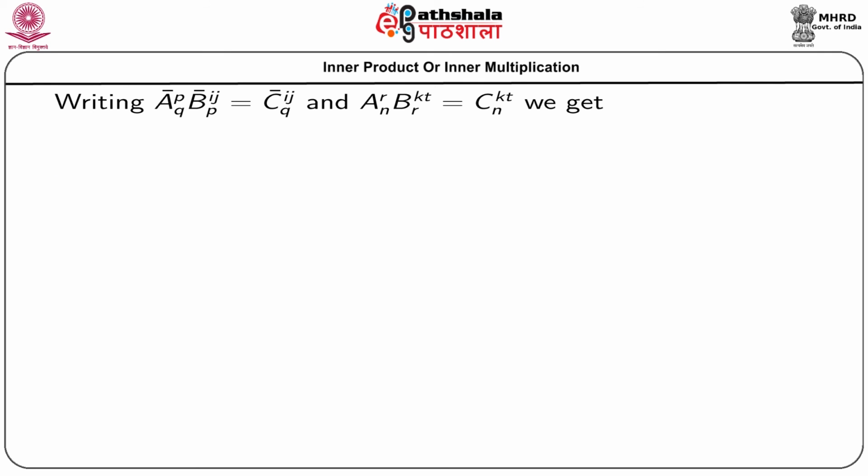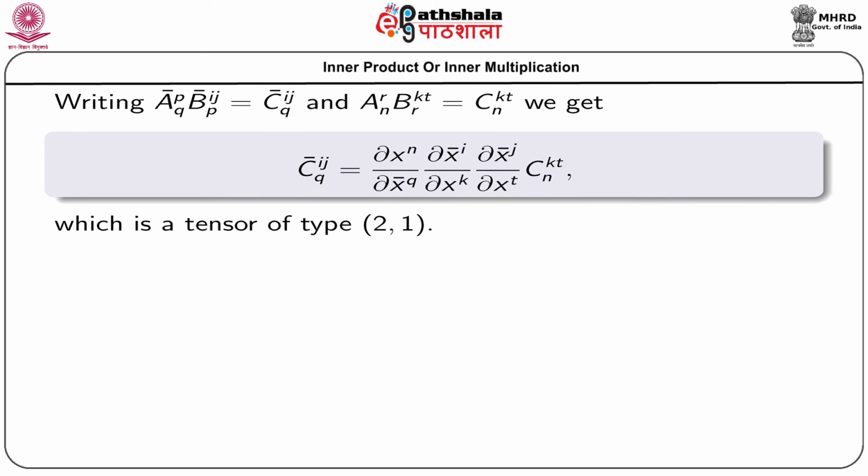Now, writing A bar^{pq} B bar^{ij}_p equals C bar^{ij q} and A^{rn} B^{kt}_r equals C^{kt n}, we get this form: C bar^{ij q} equals ∂x̄^q/∂x^n ∂x̄^i/∂x^k ∂x̄^j/∂x^t C^{kt n}, which is the transformation rule for a tensor of type (2,1).